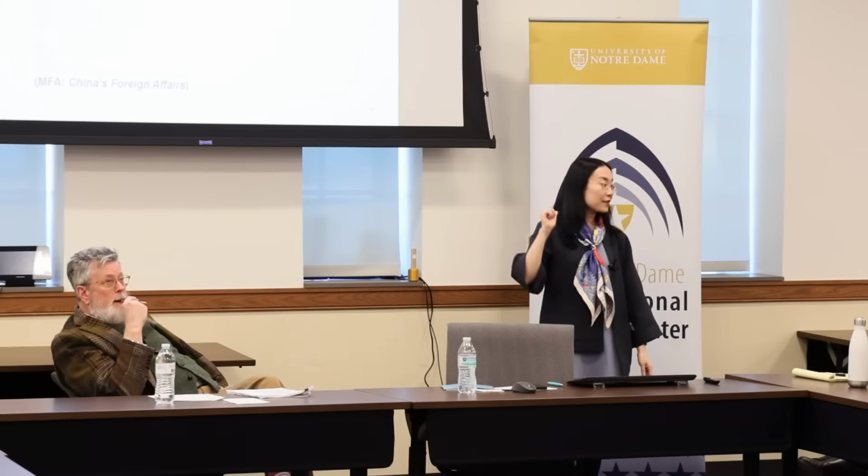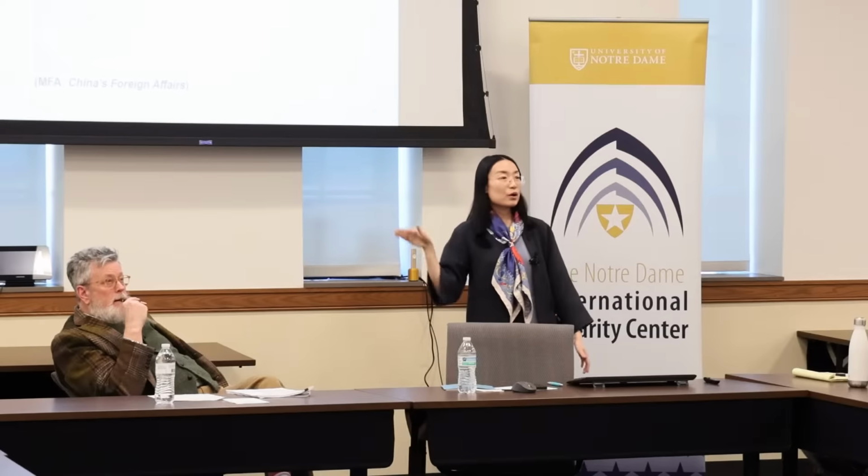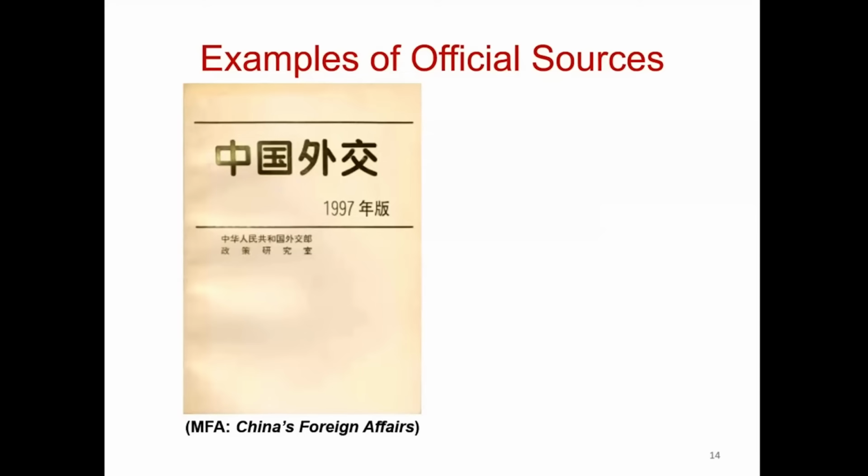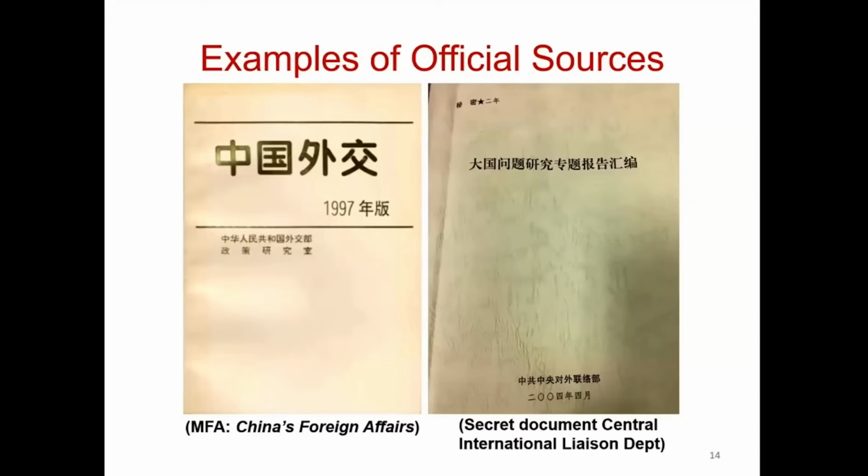On the left-hand side, for example, these are government documents, would be a book entitled China's Foreign Affairs, published by the Chinese Foreign Ministry annually, going all the way back to 1987. And on the right-hand side would be a secret document internally circulated at the Chinese Communist Party's Central International Liaison Department. But I did not steal this document from China. It's actually available at the Gelman Library at George Washington University, which has a really fabulous China documentation center for those interested.